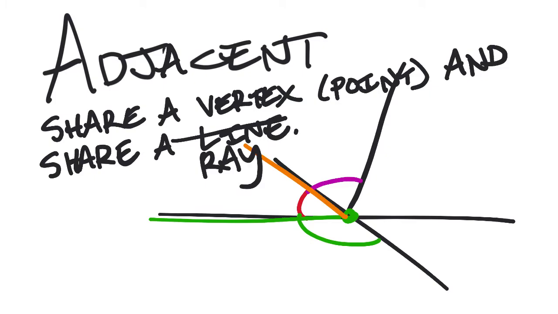That's more technical than I want to be though. You'll learn more about rays next time, but a ray has a starting point, which in this case would be the green point, and then it goes on forever like this. And then we could see that the purple and green do not share a ray. They do share a vertex though, that green point in the middle. So just remember that adjacent just means next to each other. If they're not next to each other, they're not adjacent.